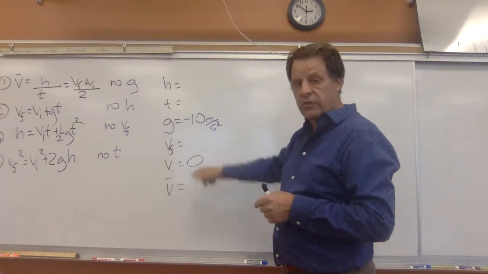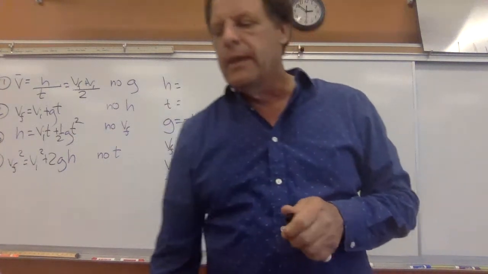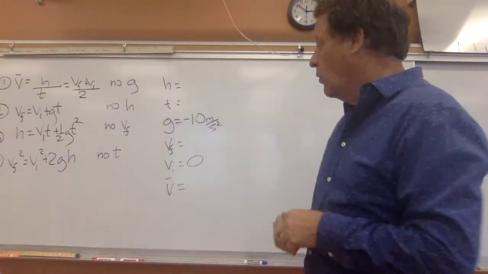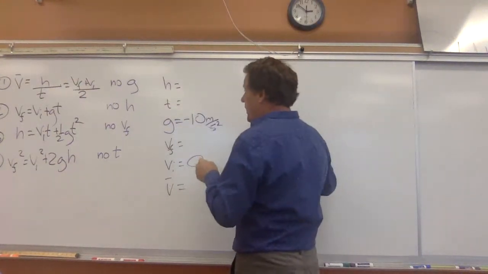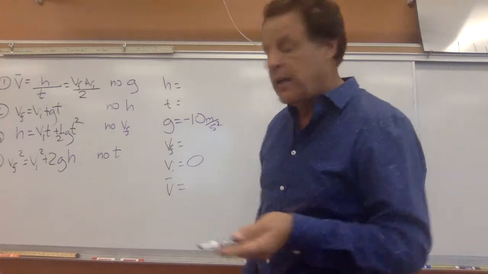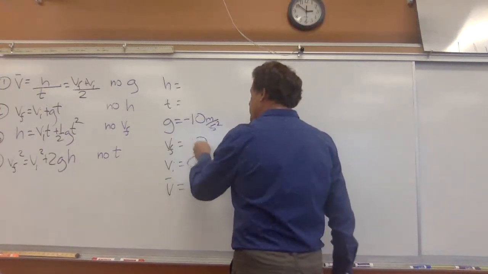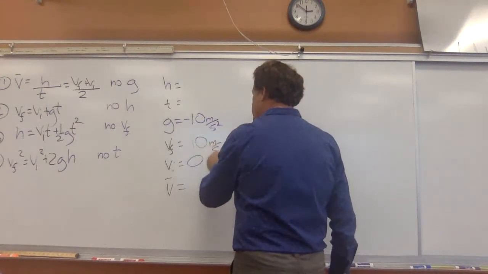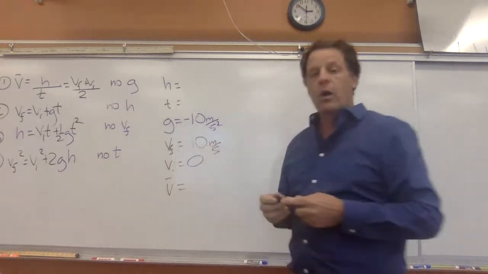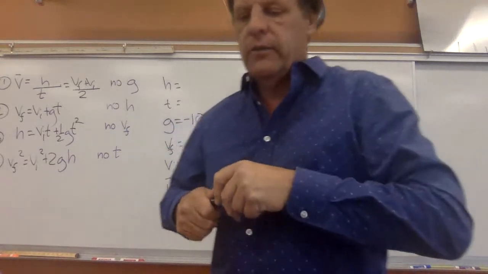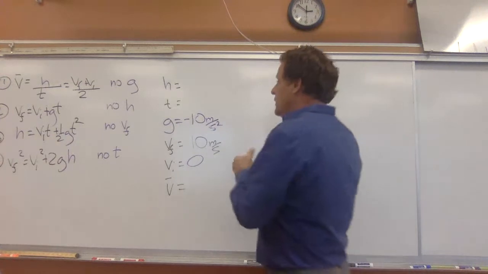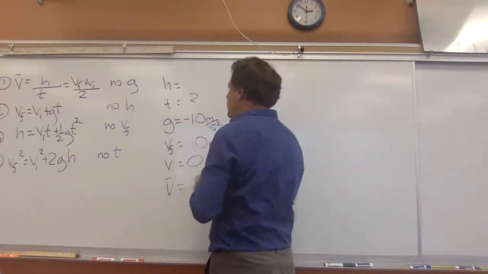And since it's dropped, its initial velocity is still 0. Now we want to know what its time is before it reaches 10 meters per second. So now we know what the final velocity is, and we're looking for time.